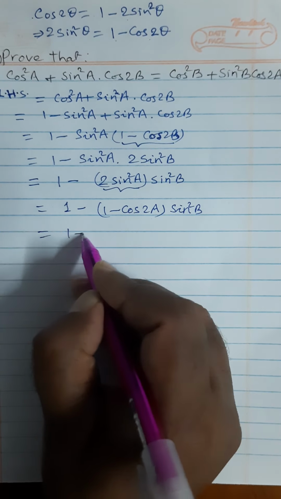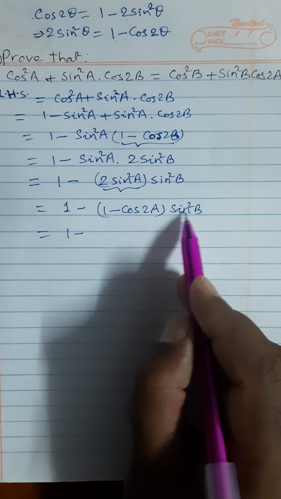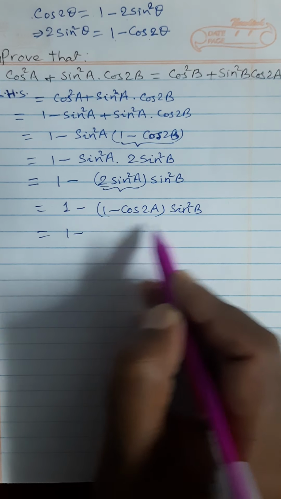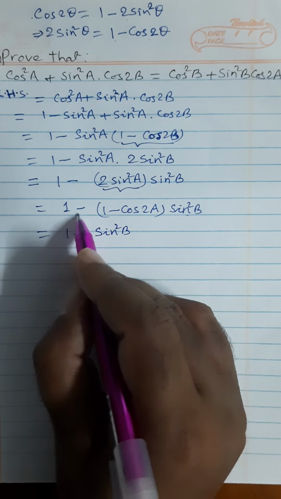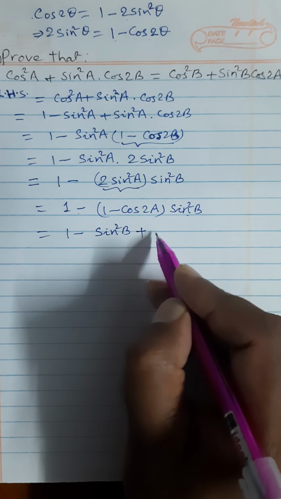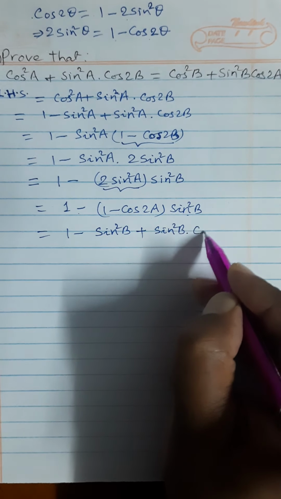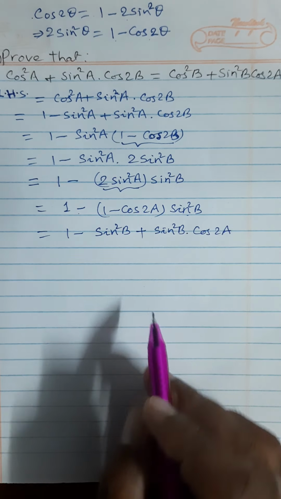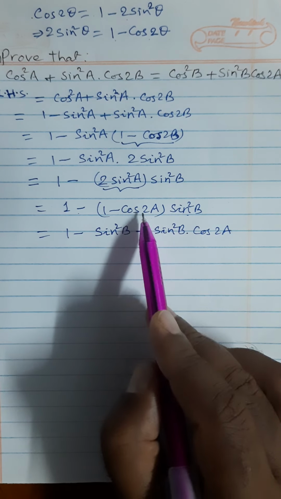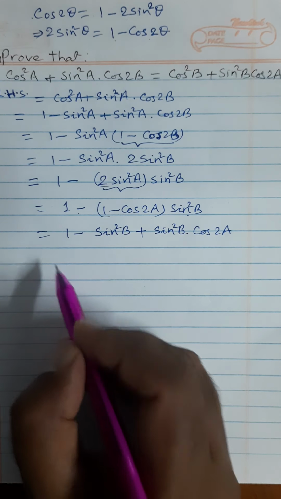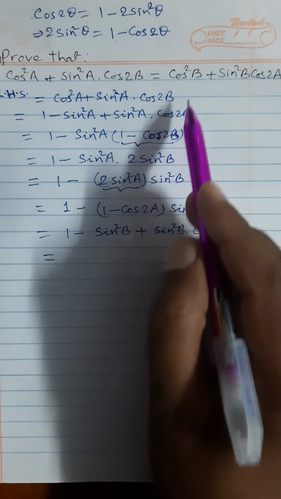And now the 1 minus cos 2A multiplied by sine square B multiplies each term. This multiplies 1, this multiplies cos 2A. So sine square B times 1 is sine square B, minus times minus plus sine square B times cos 2A. Now we need here cos square B. So how to get cos square B?